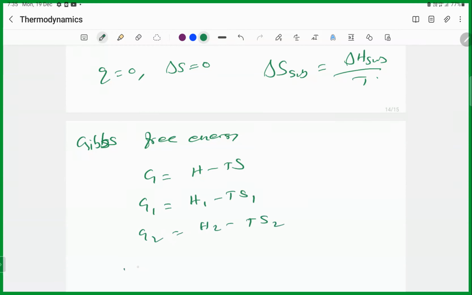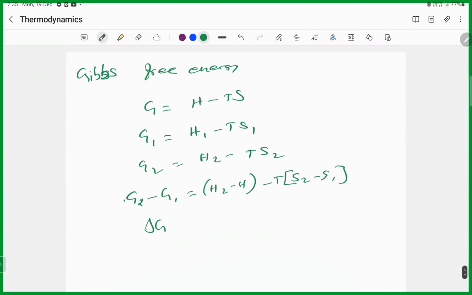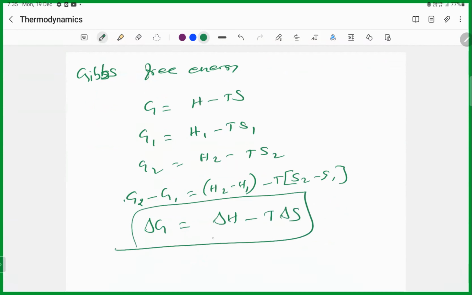So the change in free energy, G2 minus G1, becomes H2 minus H1, minus T into S2 minus S1. So the change we can write as delta G equals delta H minus T delta S. This equation is known as the Gibbs-Helmholtz equation, or simply Gibbs free energy.